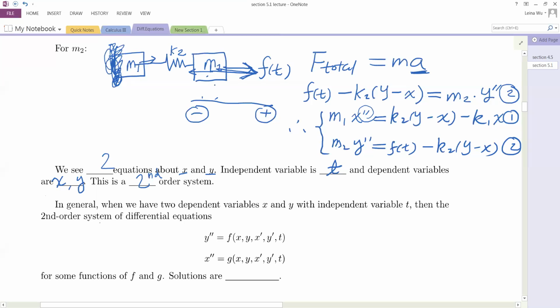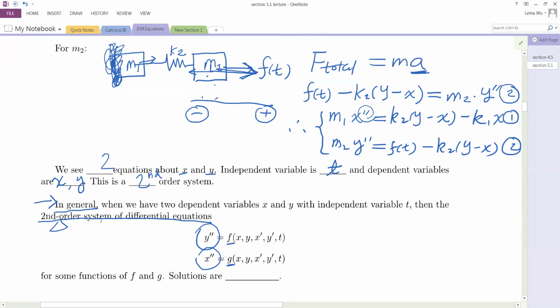So let's look at it in general. What does a second order system of equations look like? We have x double prime and y double prime, second order, and you can put everything else on the right-hand side. x double prime will be related to a function, y double prime will be related to a function.